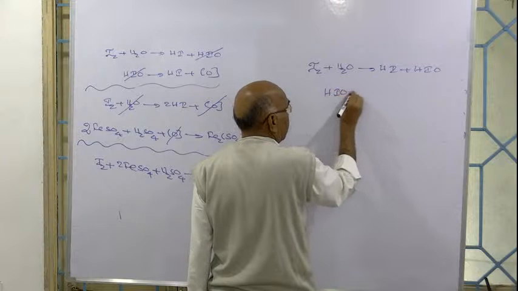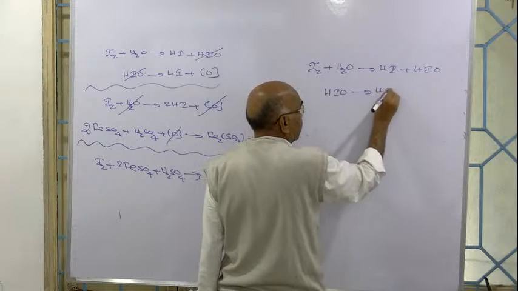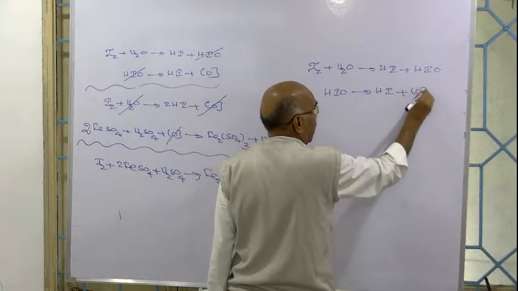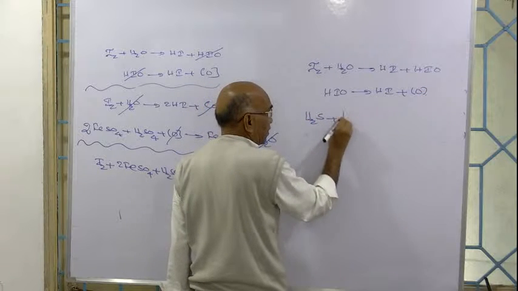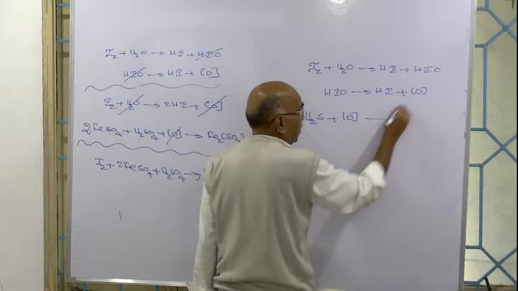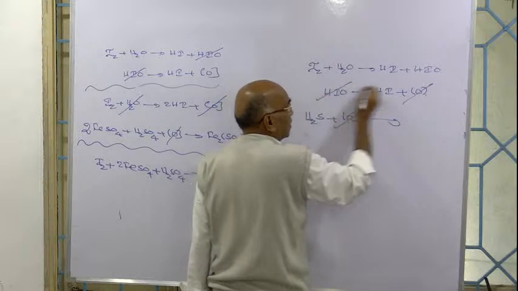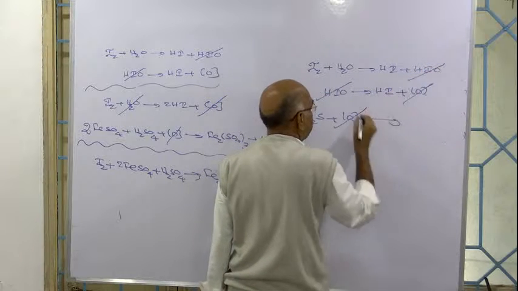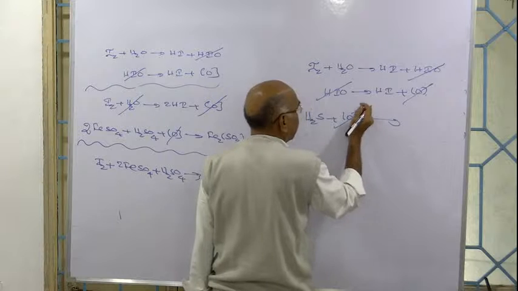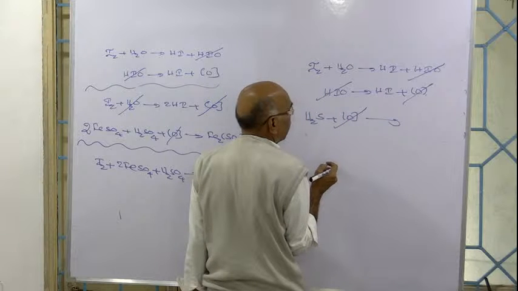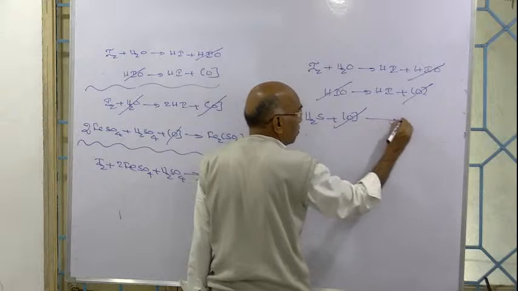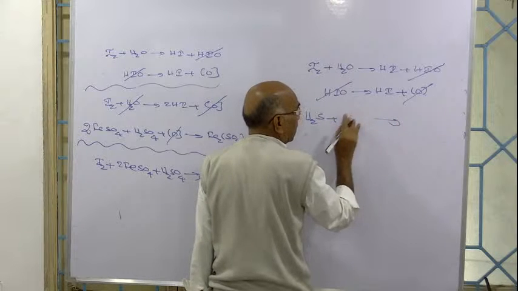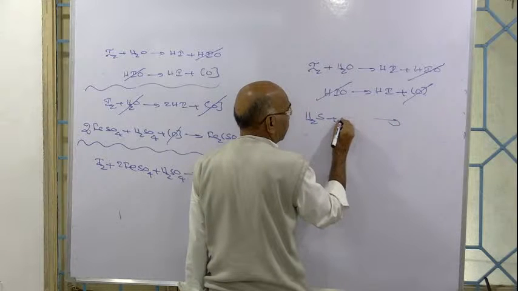HIO dissociates to HI plus oxygen. If it is H2S, you get H2O plus sulfur.